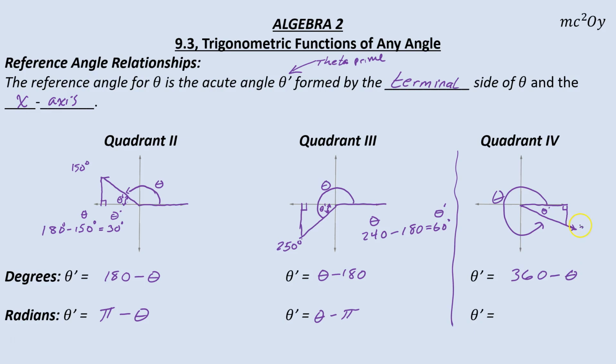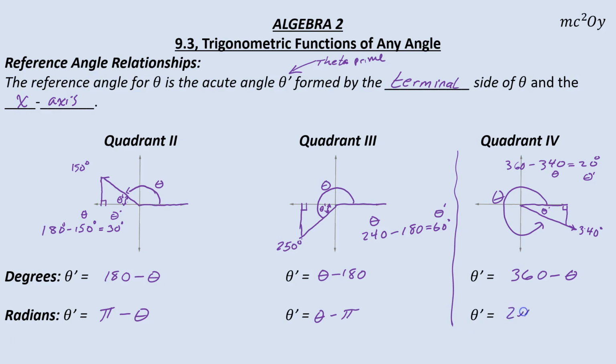So if this was, say, like 330, well, let's go 340 degrees, okay? I'd have to do 340 and subtract that from 360, that would give me 20 degrees. This would be my theta. This would be my theta prime.